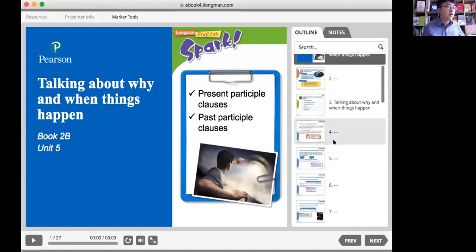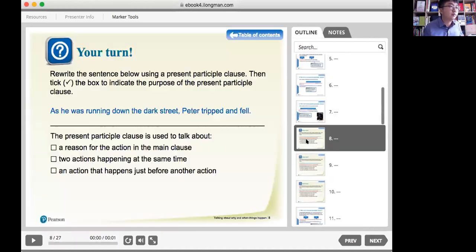Okay, so here, the first sentence. This is the original sentence. As he was running down the dark street, comma, Peter tripped and fell.